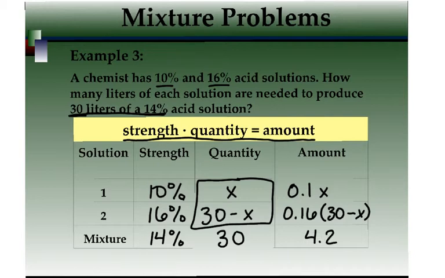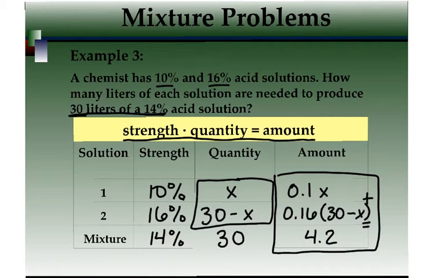All right, so to get our equation, we look at this last column right here. We say the first amount mixed together with the second amount, so adding those two together, equals the last amount. So that is our equation: 0.1x plus 0.16 times 30 minus x equals 4.2.